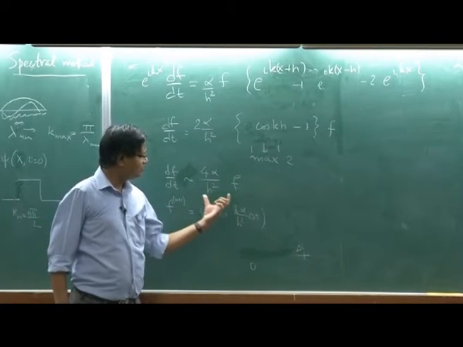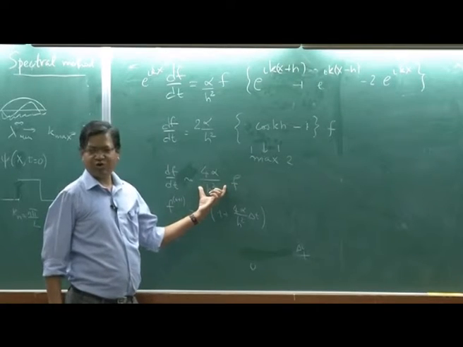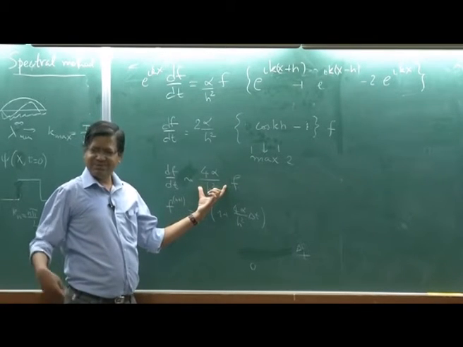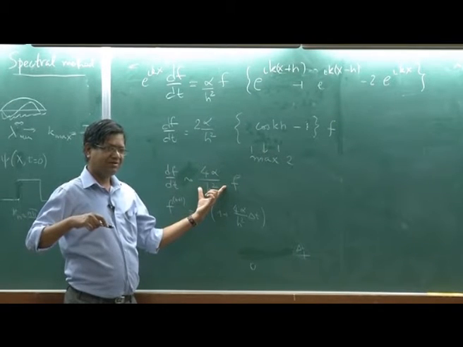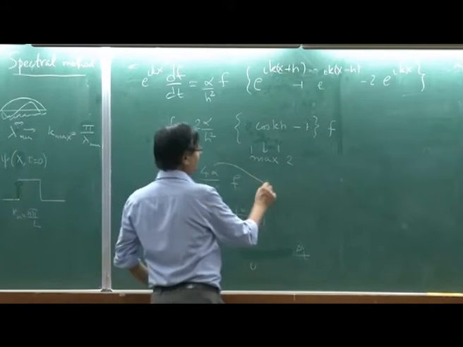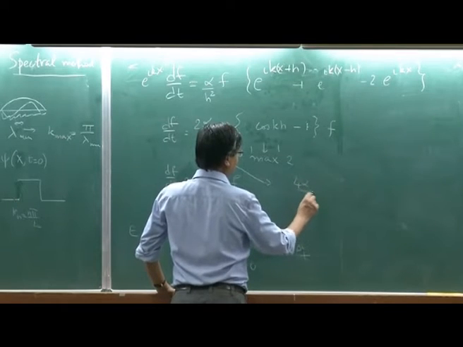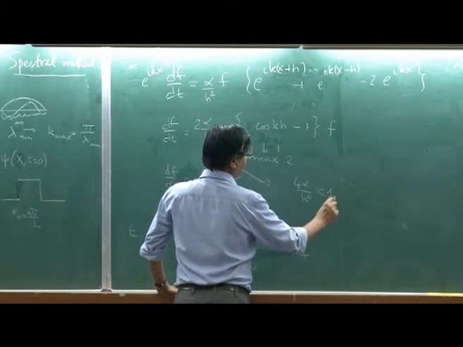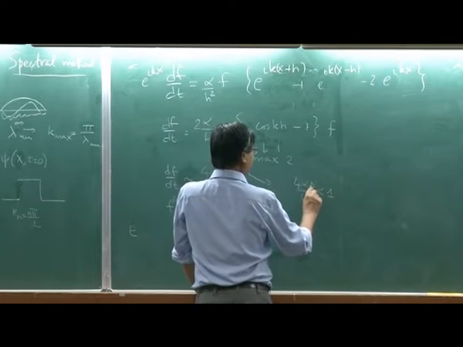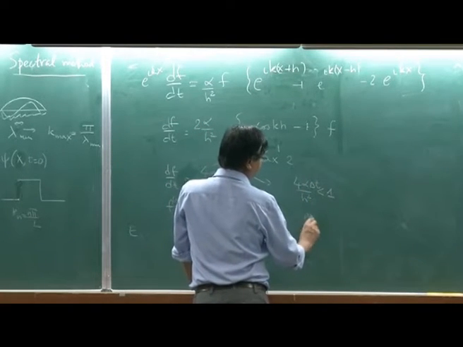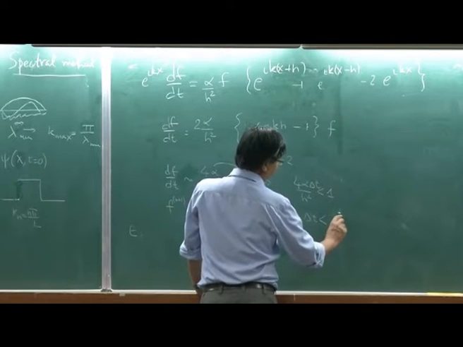I want this condition to be less than 1. If it is bigger than 1, then all hell will break loose. So this quantity must be less than 1, so delta t must be less than h squared by 4 alpha.